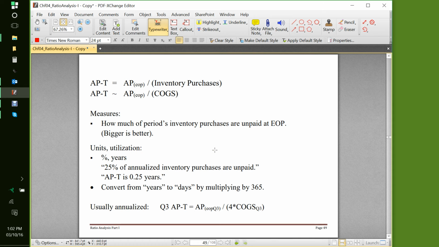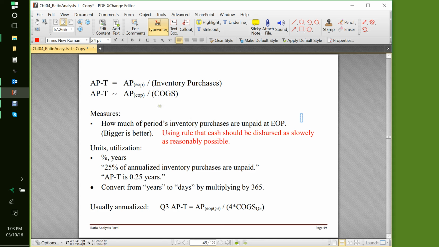Now remember, using our general rule that cash should be dispersed as slowly as possible, looking at this ratio, bigger is better, right?